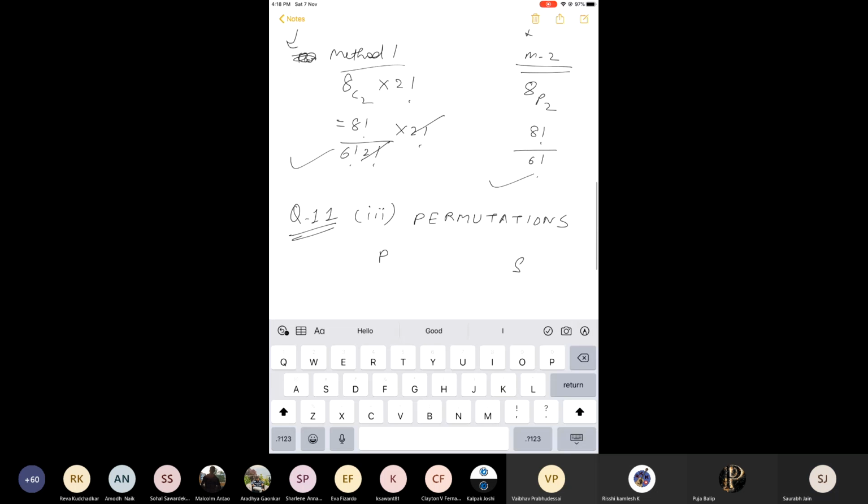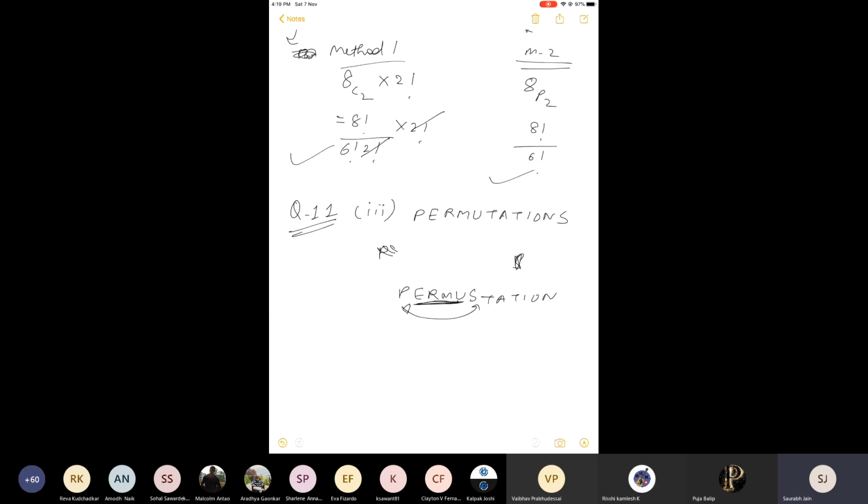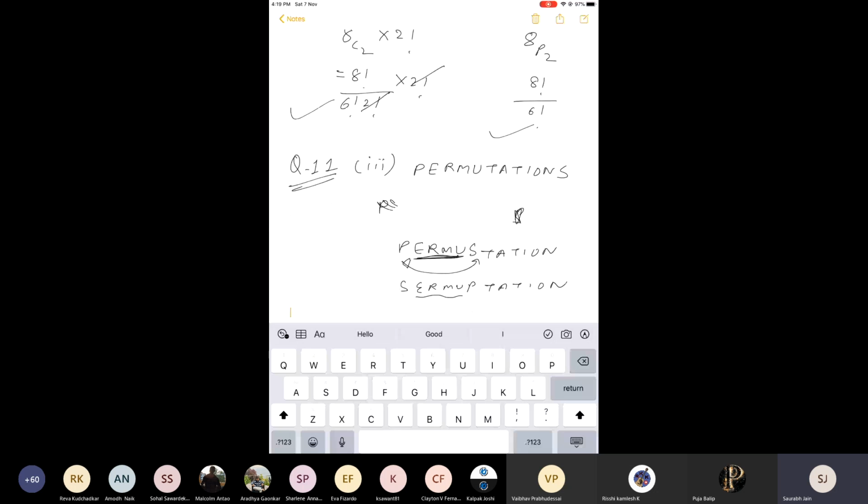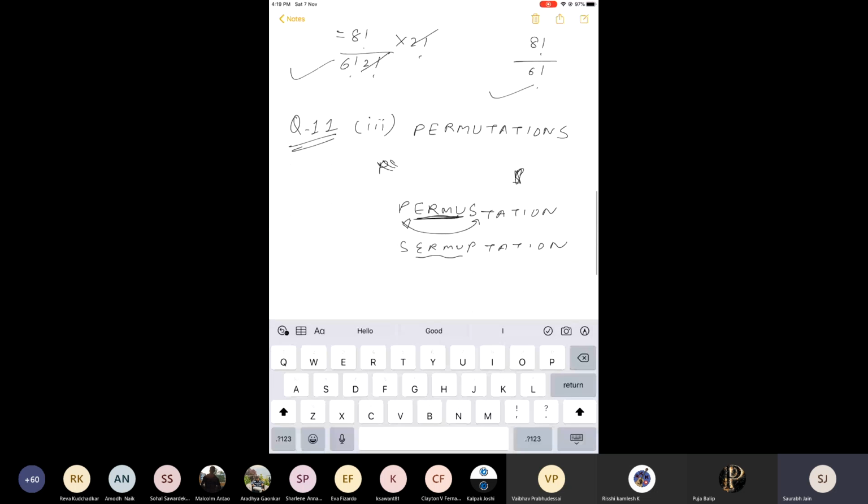So these four are present between P and S, and they are not saying that S will come first or P will come first. I can interchange their positions like this. Still, 4 alphabets will be between S and P, and S and P can be somewhere midway also. So they are asking how many such arrangements of this word are possible where exactly 4 letters come between P and S.